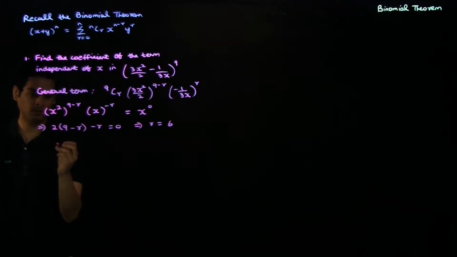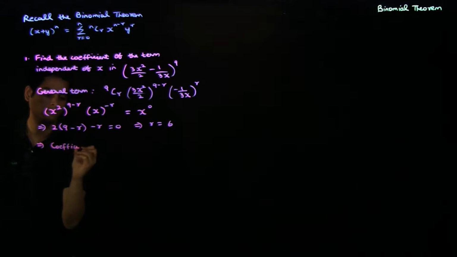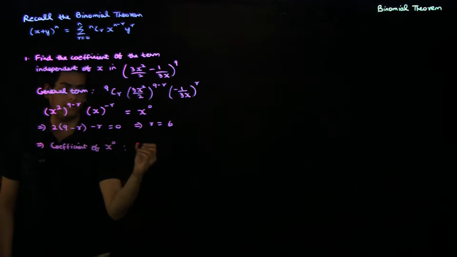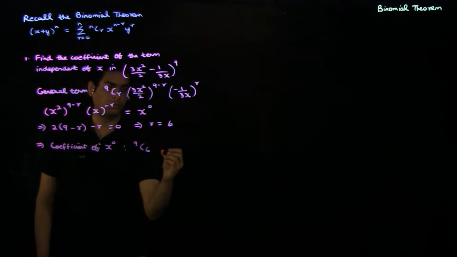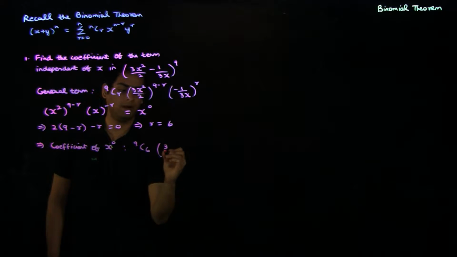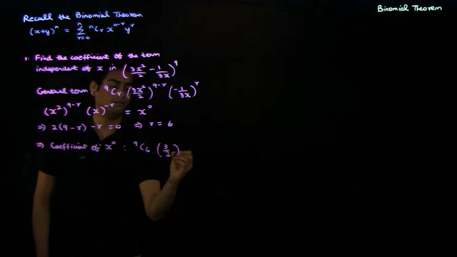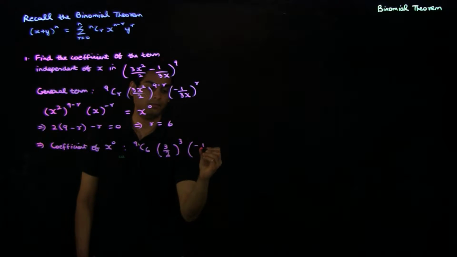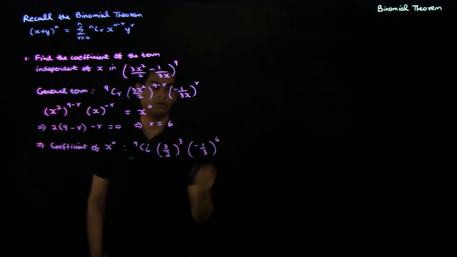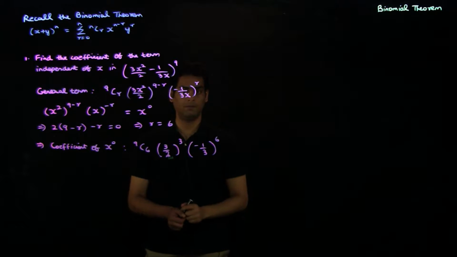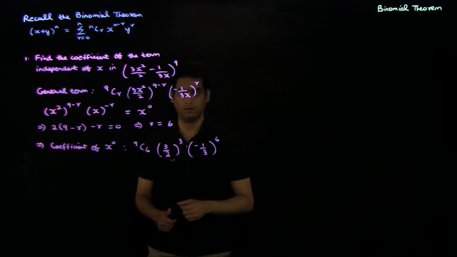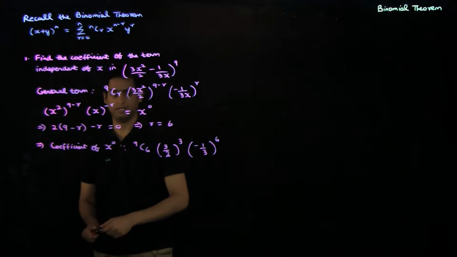And so we would have the coefficient of x power 0 is given by 9c6 times (3 by 2) power 9 minus 6, which is 3, and (minus 1 by 3) power 6. Note that I'm ignoring the x terms in the general term because the powers of x cancel out as we set r equals 6.